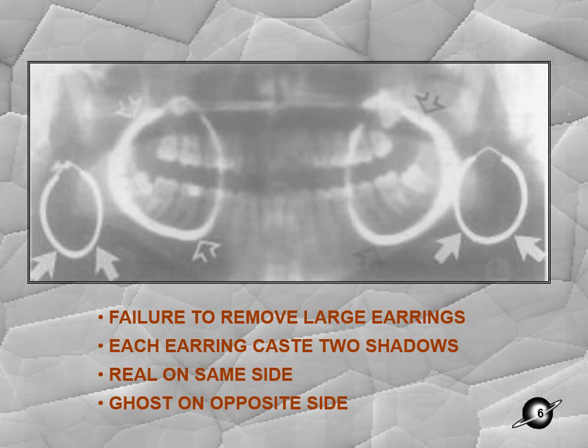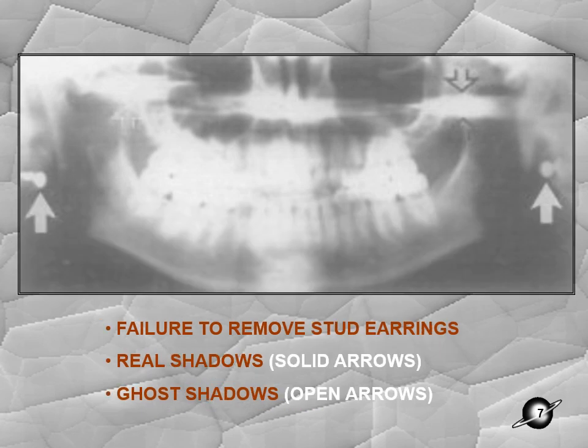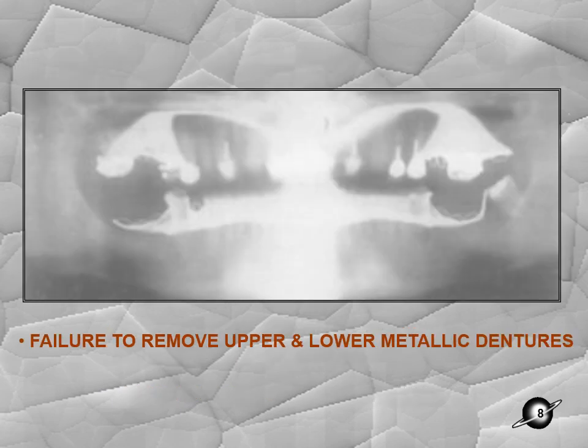The larger rings are ghost images: the right side larger ring is a left side ghost image, and the left side larger ring is a right side ghost image. Failure to remove ear studs or earrings, that's how they appear on an OPG film. Failure to remove upper or lower metallic dentures like cast partial dentures, that's how they appear on an OPG.